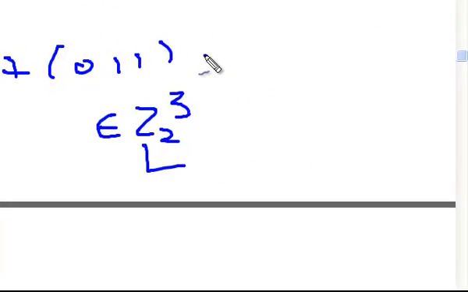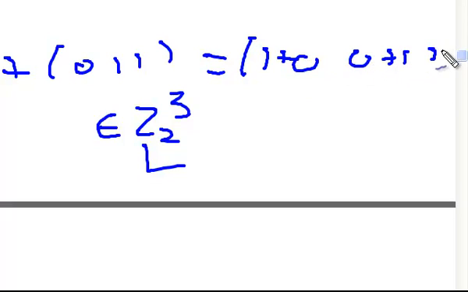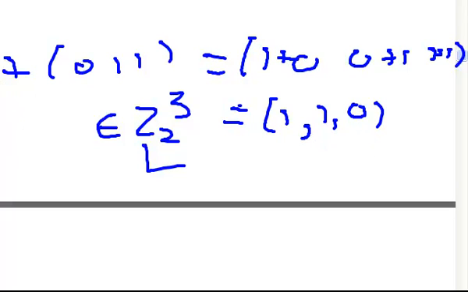If I add these two, what I do is add the corresponding coordinates mod 2. So there's 1 plus 0. The next one is 0 plus 1. And then the last one is 1 plus 1. And I'm adding mod 2, so that's going to be 1, 1, 0. So that's how you add two code words. You add each component mod 2.